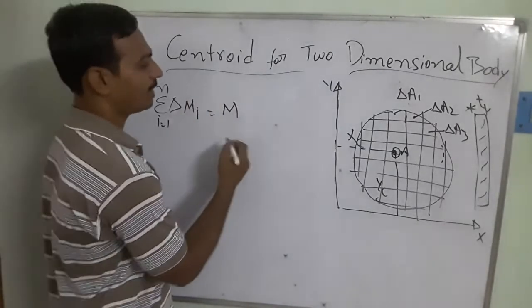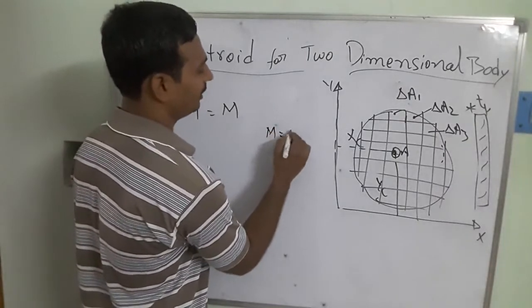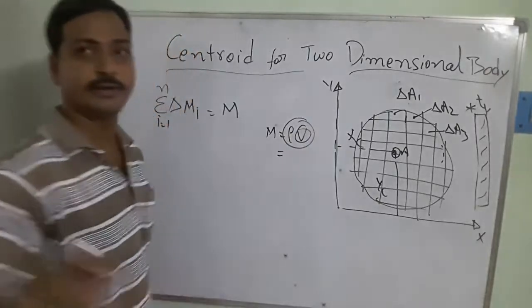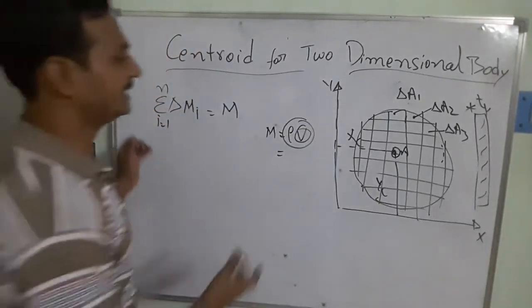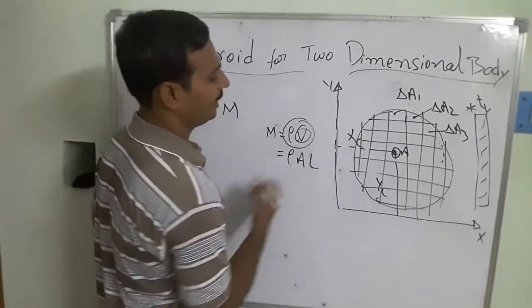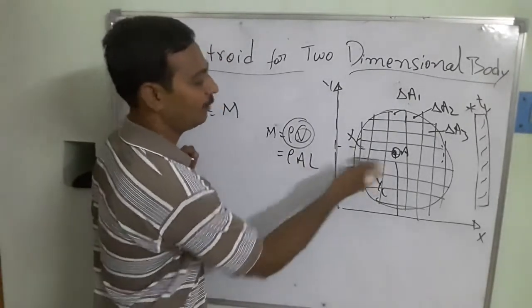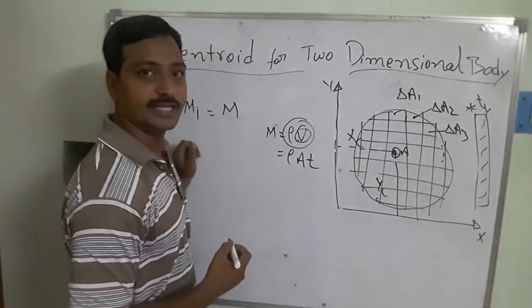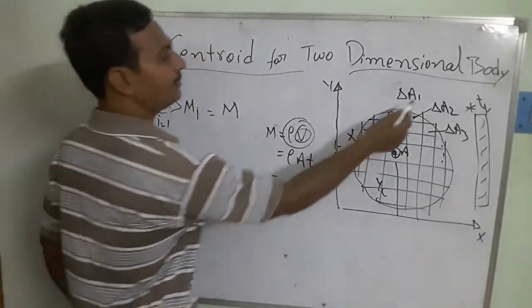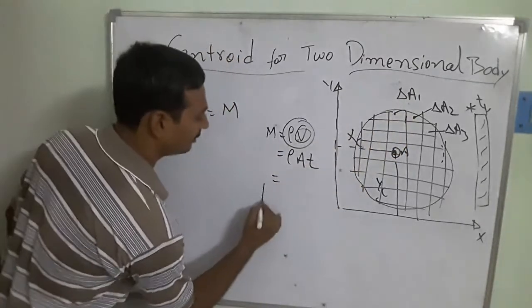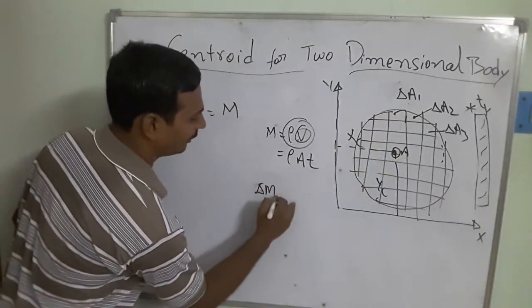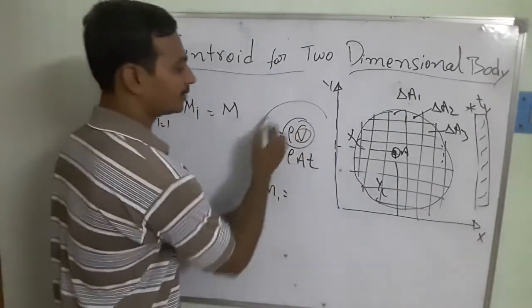The mass can be written as rho into volume, and the volume can be written as rho A L, where L is the thickness of the member. If I take the elemental strip, that is del m1, and this is the total mass of this object.